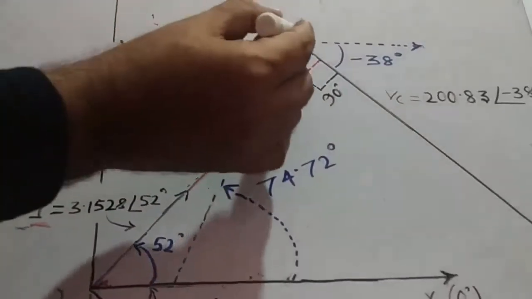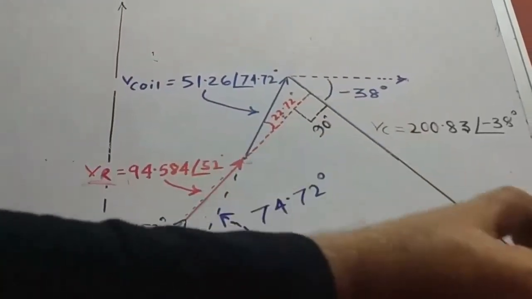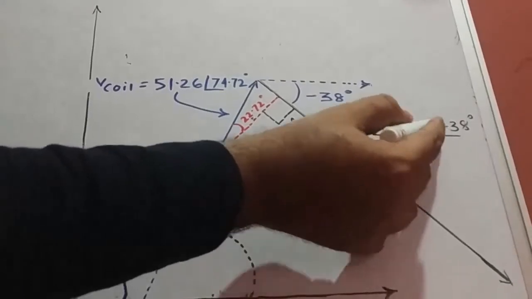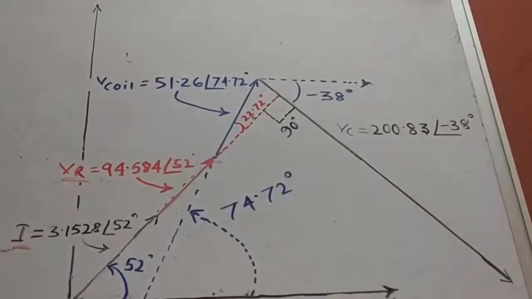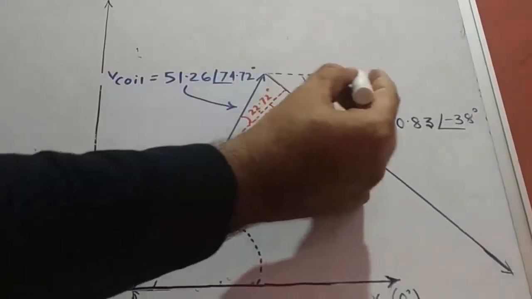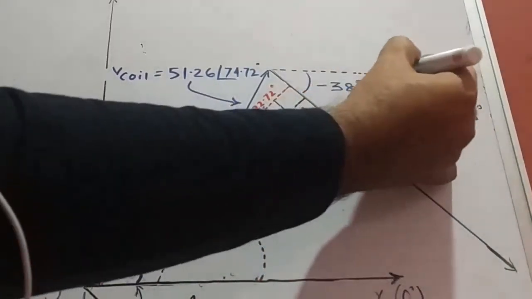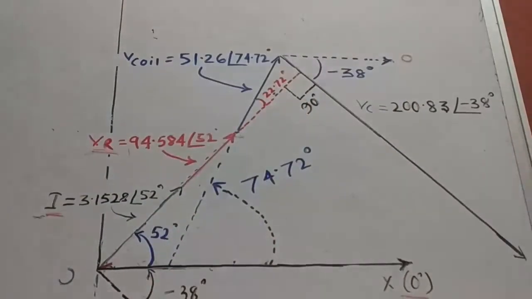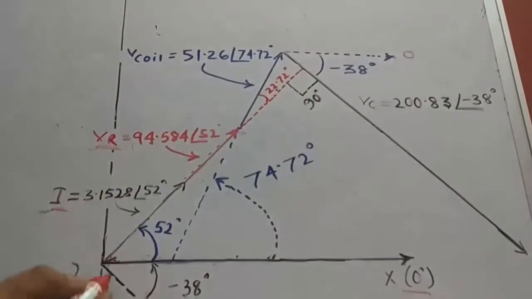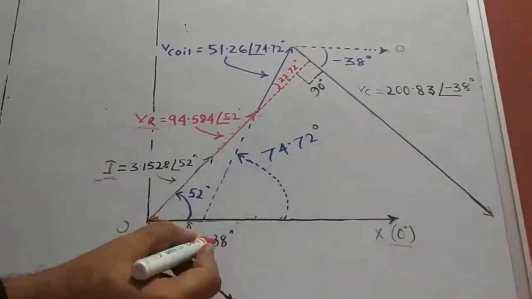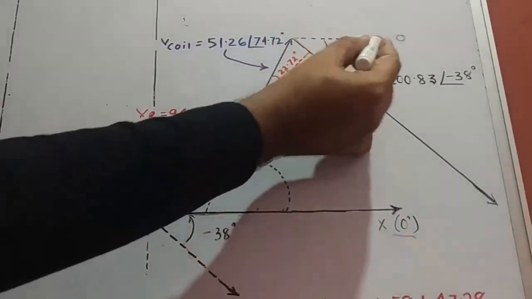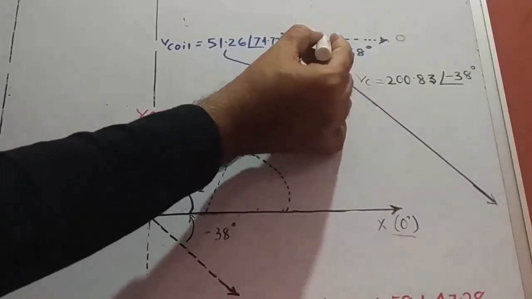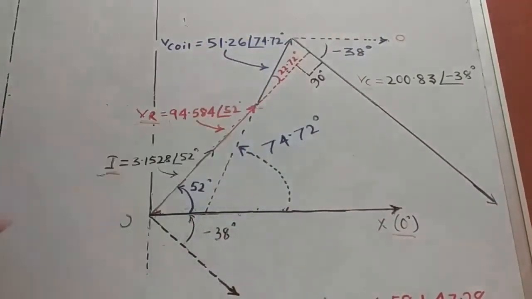Now from here I will add the capacitance voltage, which is 200.83 angle minus 38. This is reference axis 0. I have drawn this line parallel to the reference line. So from the reference line, this voltage angle is negative 38.